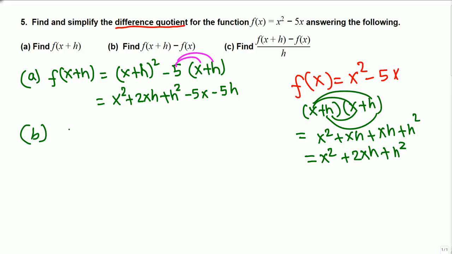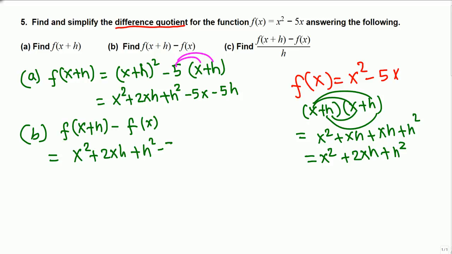We want to evaluate f of x plus h minus f of x. The first part is found in part A, so we're going to write everything: x squared plus 2xh plus h squared minus 5x minus 5h, minus, and whatever we write after the minus, we need to put in parentheses because we need to distribute negative 1 later.